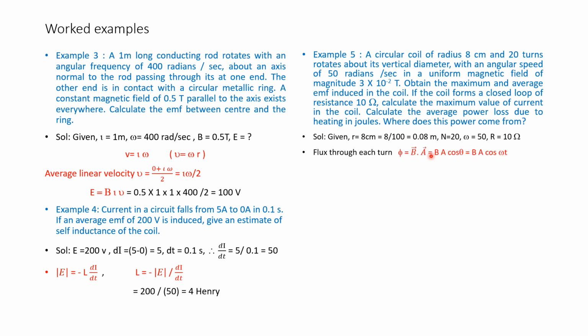Therefore, for N turns phi is given by N B pi r square cos omega t, because it is a circular coil with radius r, and the area of a circle is pi r square. Here we have just substituted the formula for area as pi r square.